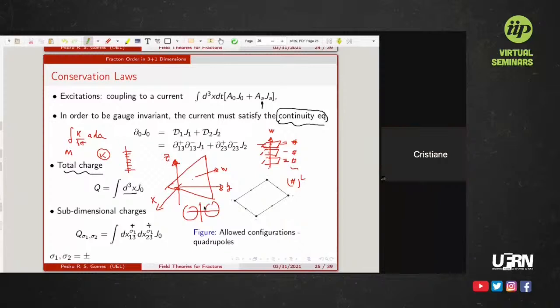May I comment something? In the context of the fractional quantum Hall effect, if you move around the Laughlin states, you will get phase transitions into solid phases, which are electron solids.